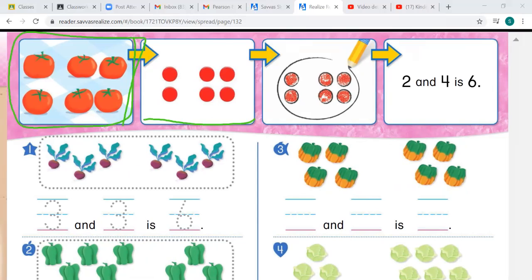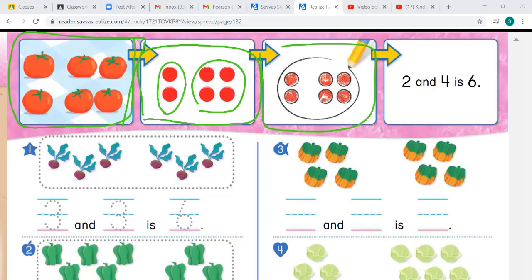All right, let's look over here in our next box. What can you show with the counters? We can show the groups of tomatoes. How many tomatoes are in the first group? 2, right? There's 2 here. And how many tomatoes are in the second group? There's 4. So we have 2 groups.